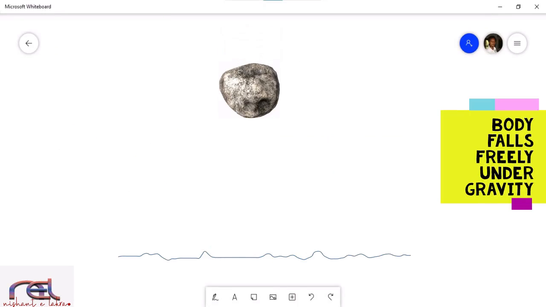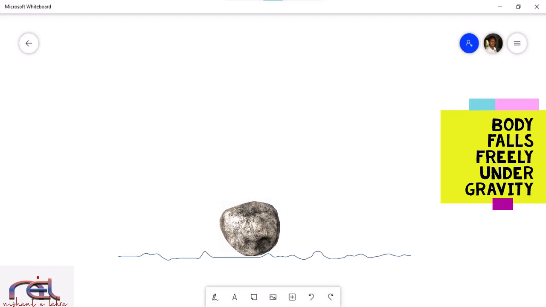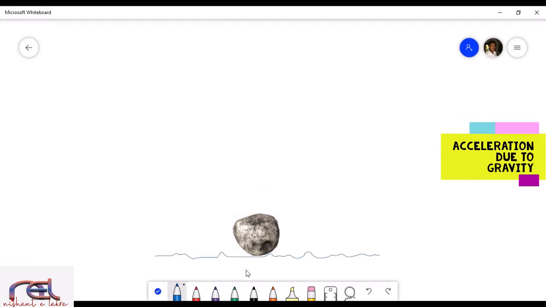Now let's say a body falls freely under gravity. If a body is falling freely under gravity, we'll understand about acceleration due to gravity. A body has been falling freely because of gravity.